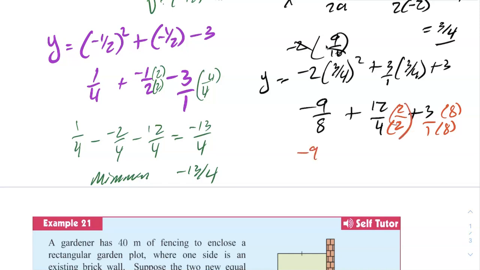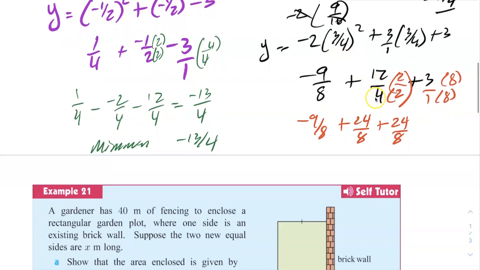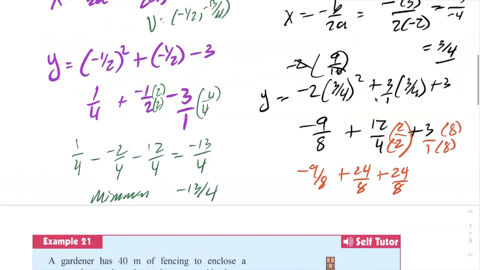So I'm going to get negative 9 over 8 plus 18 over 8 plus 24 over 8. I did that wrong, there's a little mistake there. This should be 18 over 8. So these two give me 9 over 8. 9 plus 24 is 33 over 8. So there's my maximum. My max is 33 over 8.